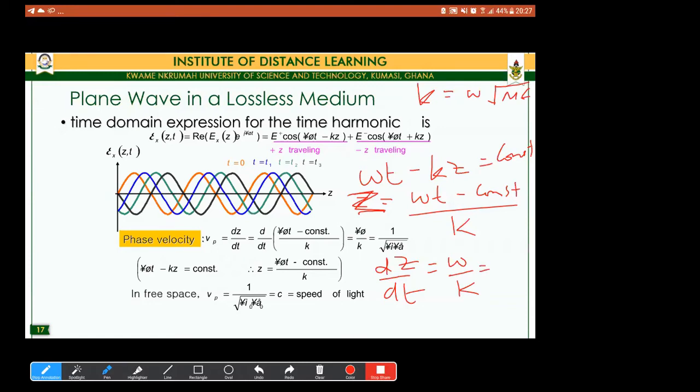So dz/dt will be equal to what? Omega divided by, what is k? k is omega square root of what? Mu epsilon. So omega cancels out, and this is 1 over square root of mu epsilon.